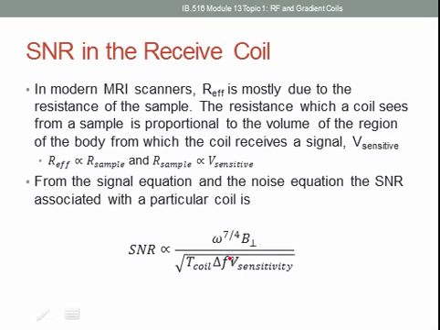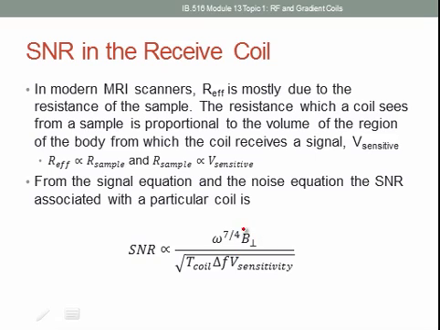It kind of makes sense: as the volume goes down, the SNR goes up, because remember, we don't like resistance. Resistance in general is bad for SNR. Since V sensitive is proportional to the resistance of the sample, as that volume of the sample goes down, our resistance goes down and our SNR goes up.